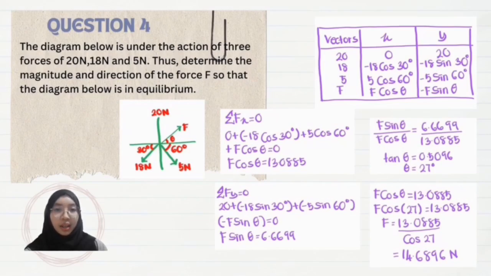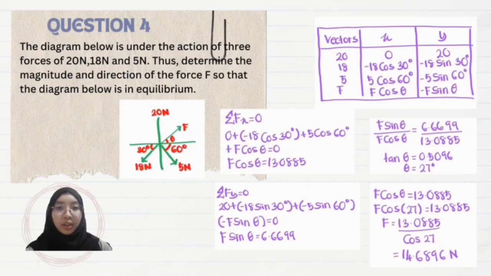Then sum of Fy equal to 0, 20 plus negative 18 sin 30 plus negative 5 sin 60 plus negative F sin theta equal to 0. Therefore, F sin theta equal to 6.6699. Next, substitute in the formula. F sin theta over F cos theta equal to 6.6699 over 13.0885. Tan theta equal to 0.5096. Therefore, theta equal to 27 degree. After that, F cos theta equal to 13.0885.